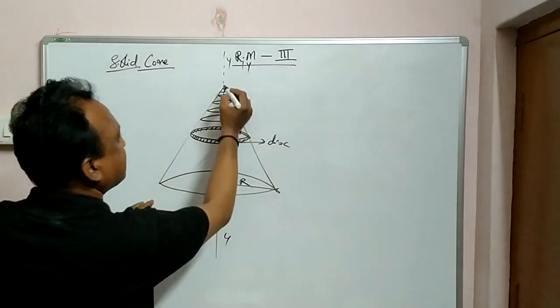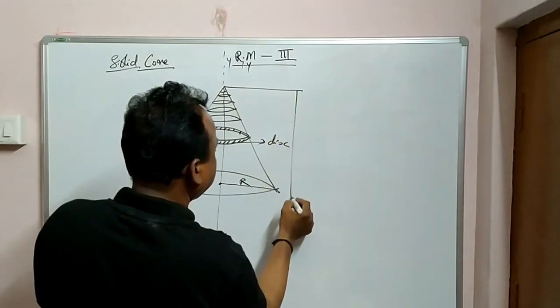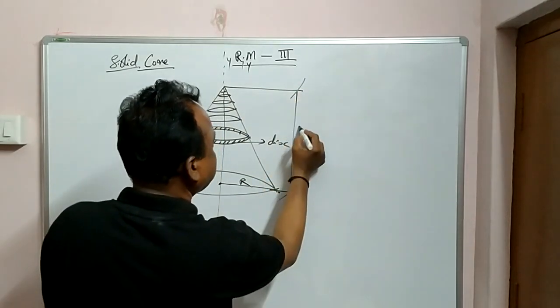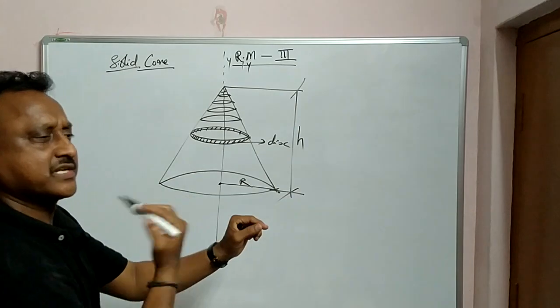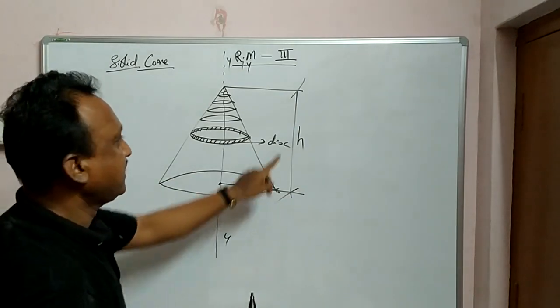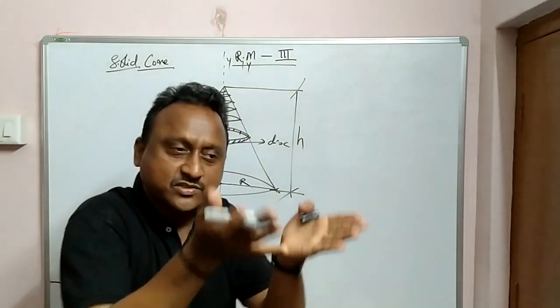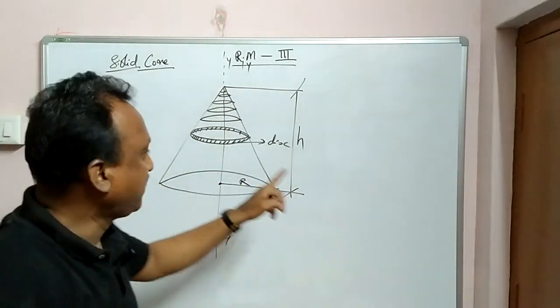And the main mass will be at the center. Suppose this is the height of the cone and this is the axis of rotation. The cone is rotating in this fashion. The main mass is concentrated at the center, not on the surface, because it's solid.